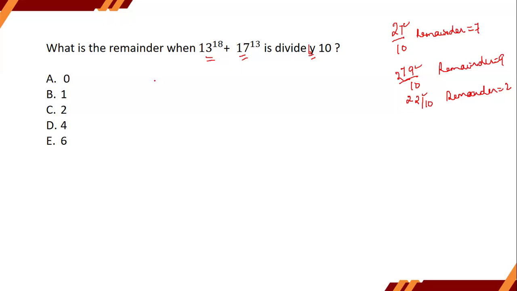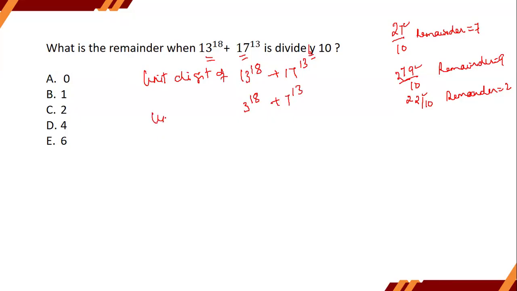So basically, we can rephrase the question: we need to figure out the unit digit of 13 power of 18 plus 17 power of 13. We know that's the same as the unit digit of 3 power of 18 plus 7 power of 13.